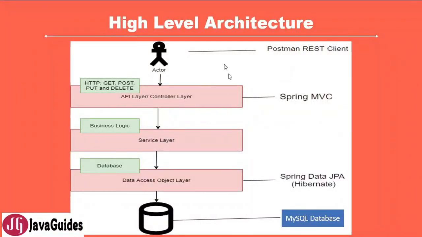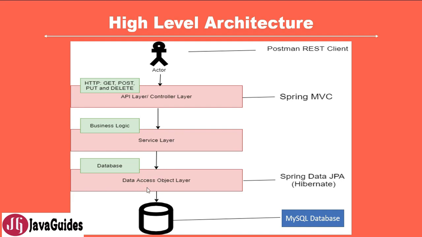So this is the high-level architecture of our Spring Boot project. The client sends an HTTP request to the API layer, or controller layer, which receives the request from the client. The request can be an HTTP GET, POST, PUT or DELETE method, and we use the Spring MVC framework to develop the controller layer. And this is the service layer. If you have business logic, you can keep all your business logic inside the service layer.